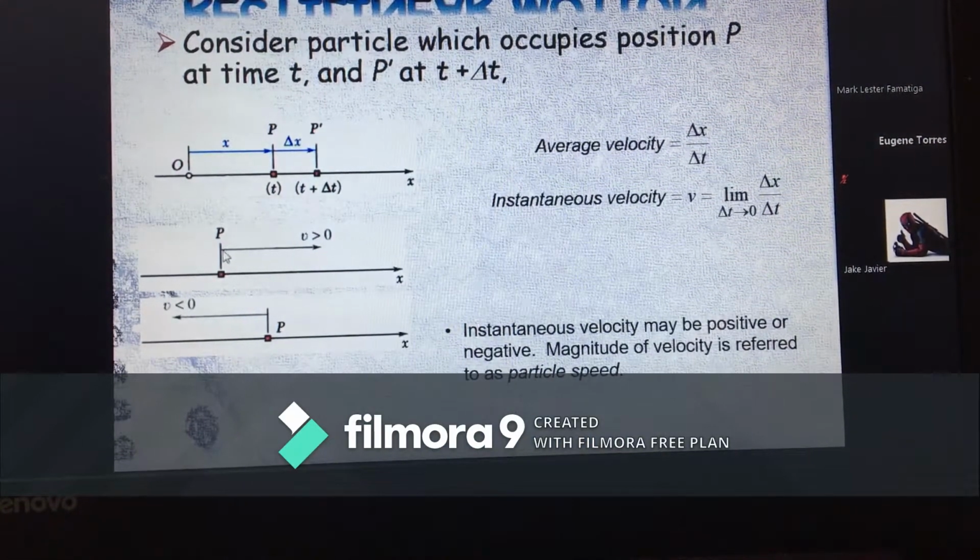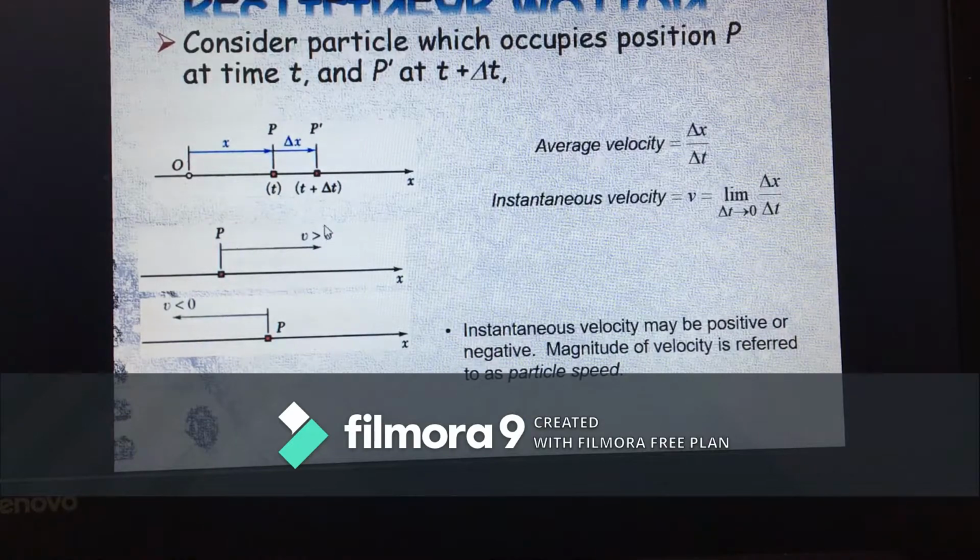So particle moving to the right, we have the velocity positive. Okay, v greater than 0, meaning positive. Particle moving to the left, we have the velocity less than 0 or negative.